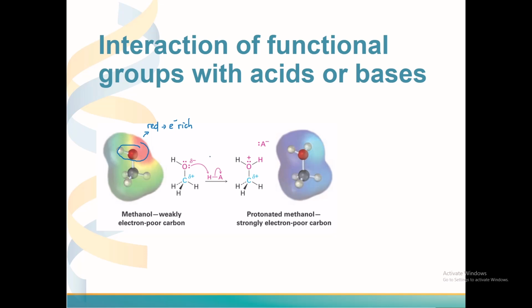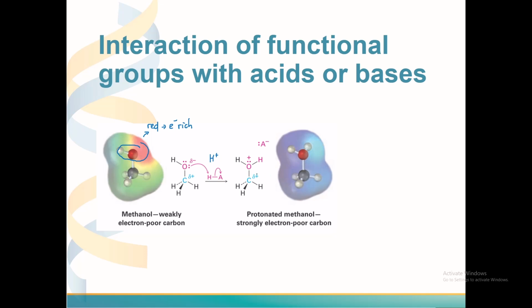If you add any kind of acid which donates a proton, then this oxygen will most likely be attracted to the proton. This electron-rich species, in attracting the proton, will then end up making a strongly electron-poor carbon, because all of these species are already occupied.